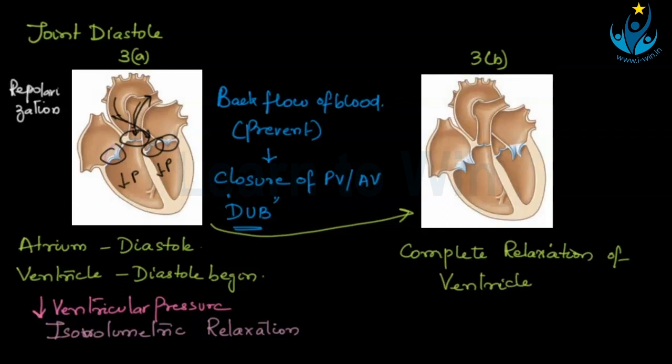Okay, now when 3A and 3B are happening, something else also keeps happening here. The blood will slowly start to come into the atria. The atrium slowly will start to get filled with blood, not completely, slowly, and this will keep on going in the 3B section also.